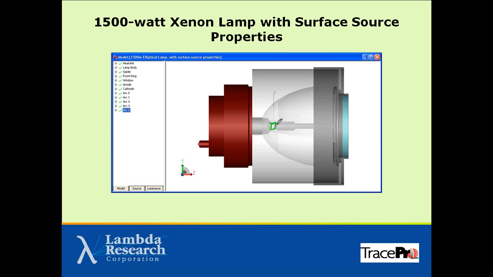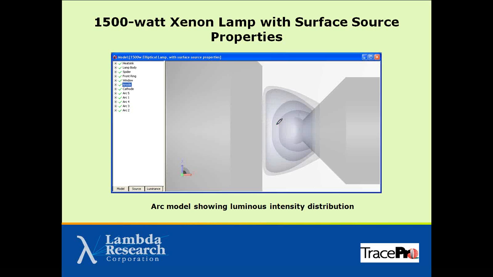But there's also a better way we could do it. We could look at the actual luminous intensity distribution on this arc. Those of you that have worked with arc lamps would know, you have a hot spot, which is right here, sitting on the cathode. And then as you move away from the cathode, the luminous intensity drops off.